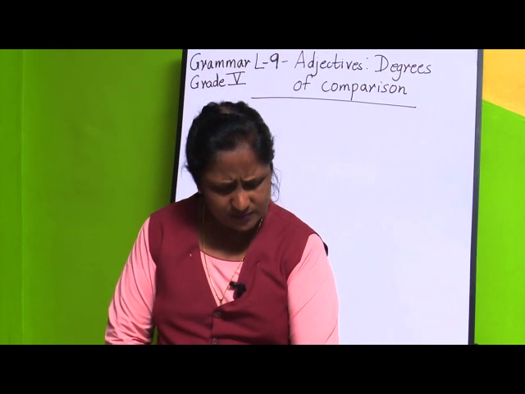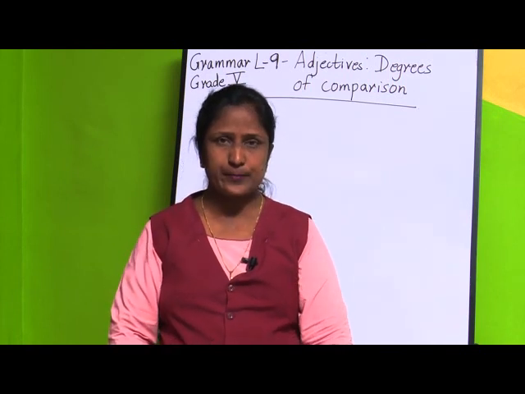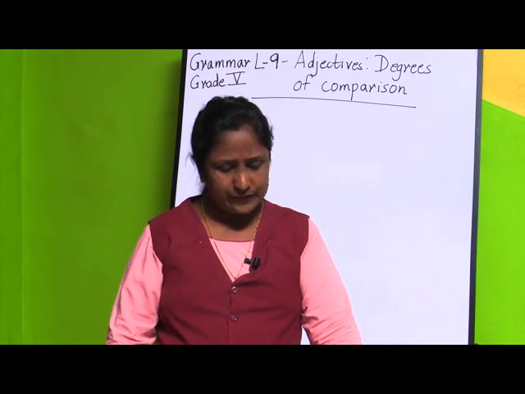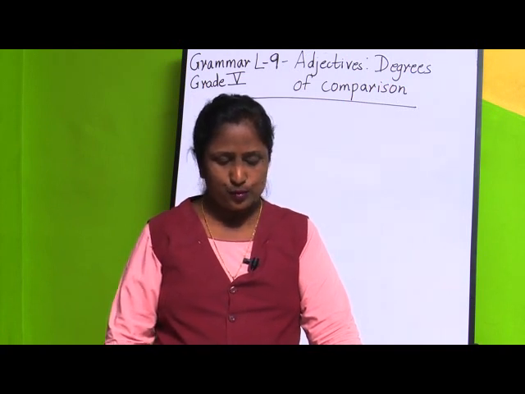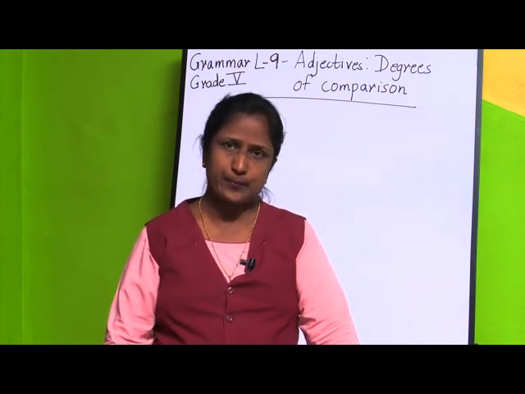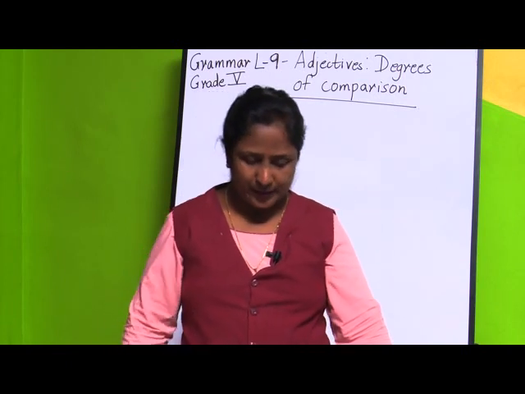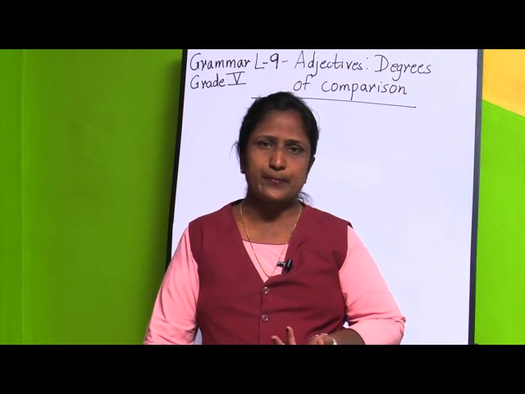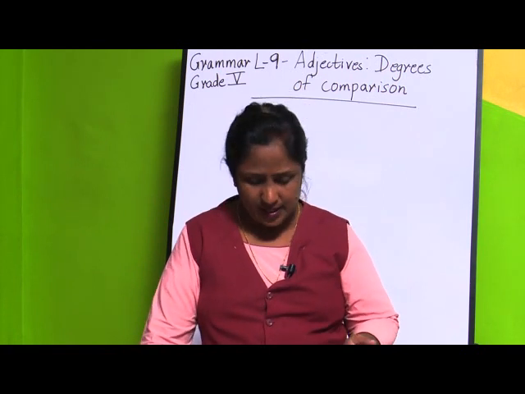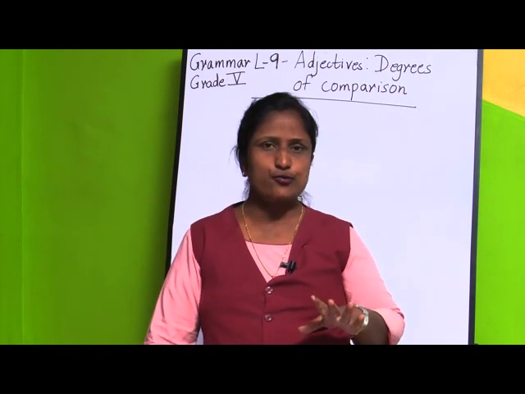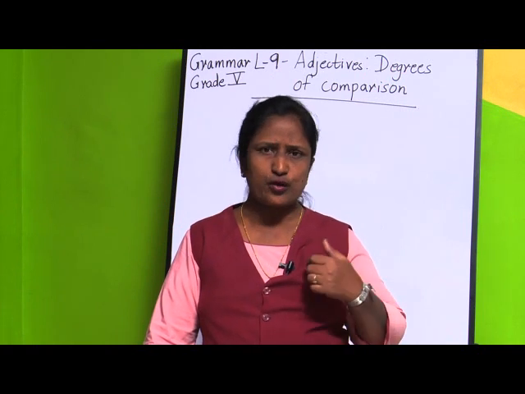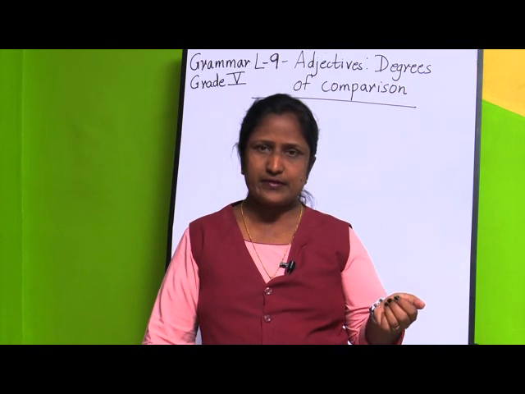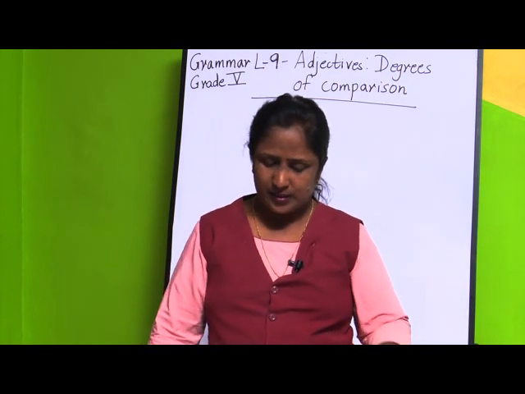Then again I told ier for comparative, iest for superlative. Then also if it is a single consonant, we are going to double it, and er for comparative and est for superlative. If the words are bigger, you are going to use more for comparative and most for superlative. And some words do not follow any rules in both cases, for comparative degree and superlative degree.